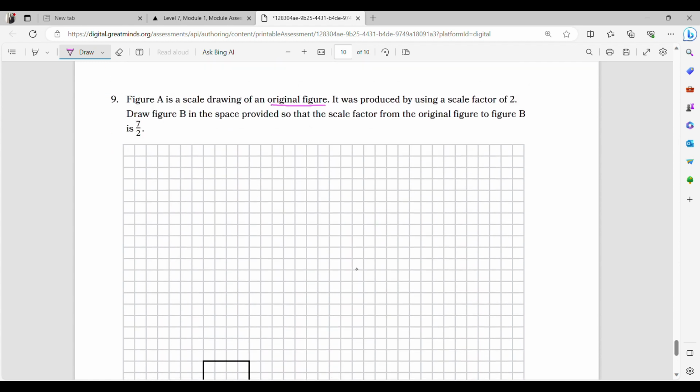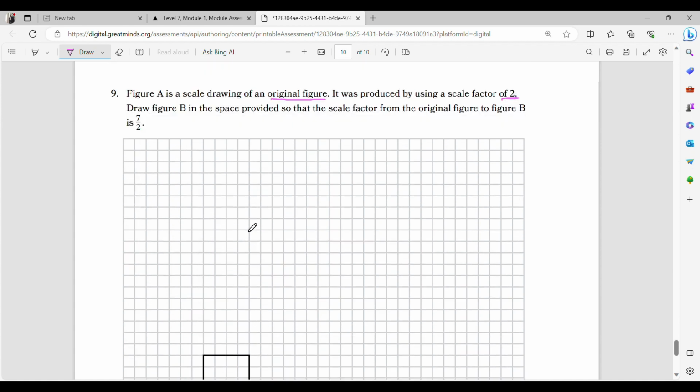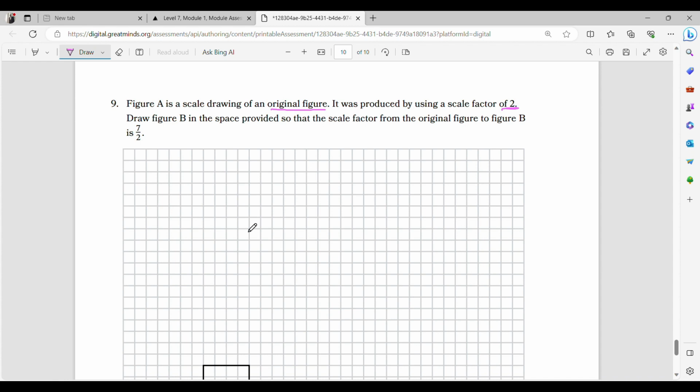So that means whatever these scales are, it was doubled. It was a number times 2 to get this side, to get all the sides. So draw figure B in the space provided so that the scale factor from the original figure to B is 7 over 2, 7 halves.